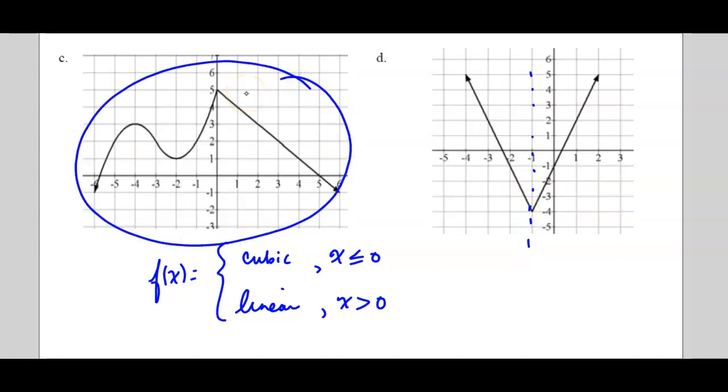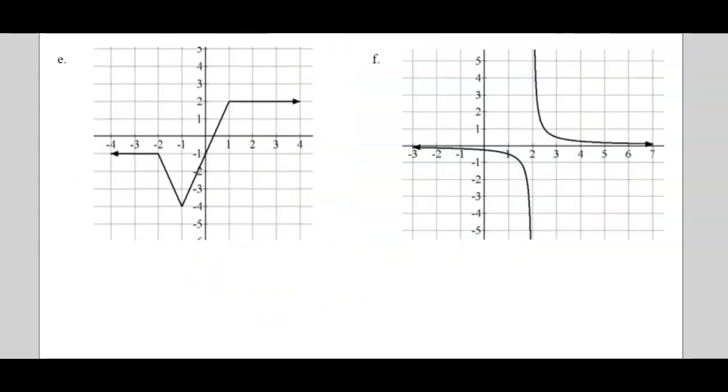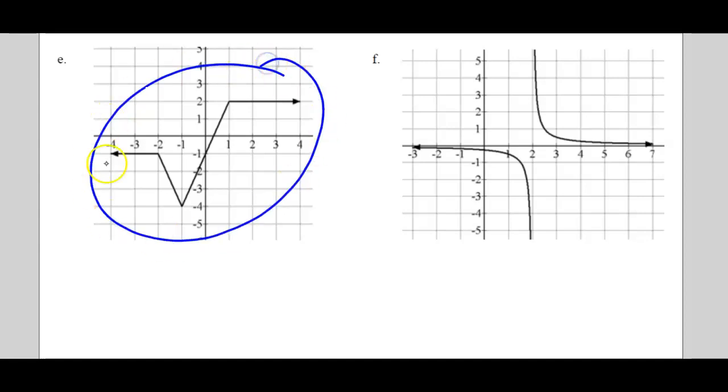That one we're not going to circle because we can come up with the equation as an absolute value function. Okay. Next one, that one, same thing, you would do it in pieces, so I would circle that. You'd have horizontal, then an absolute value, then a horizontal, or even two linear.